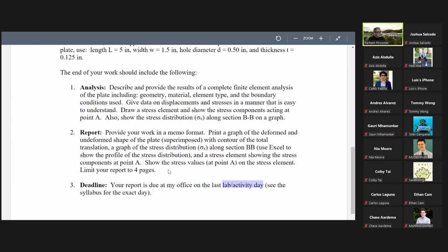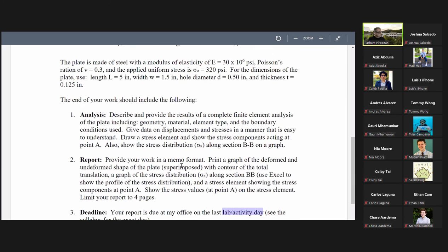So on Monday, Tuesday, or Wednesday of the week of Thanksgiving, but no later than the lab period. I think at 12 o'clock it will close. So do not submit anything late, and no excuses. You have a lot of time to do this, and you need to do this on time.